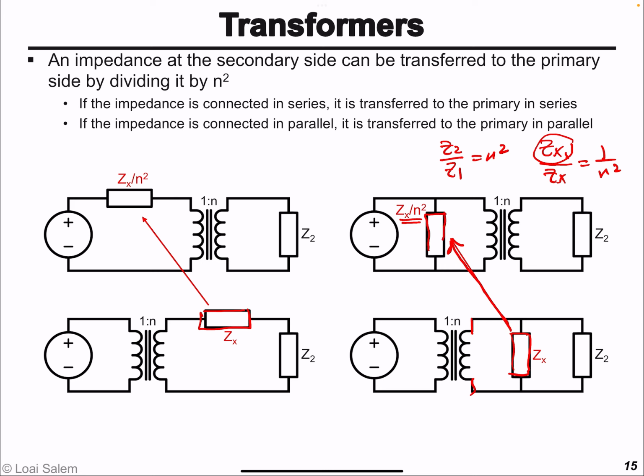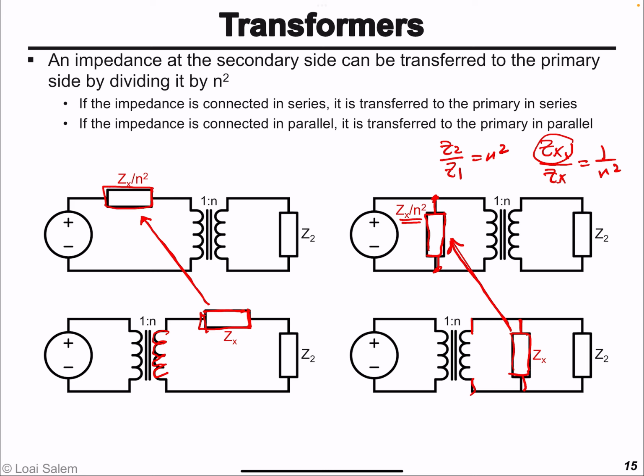The new point here that we should be careful about is if the impedance on the secondary side that we want to move to the primary side is connected in parallel with L2, then it should be transformed to the primary side in parallel. On the other hand, if it's connected in series with the secondary coil, then when we transform it to the primary side, we should also connect it in series.